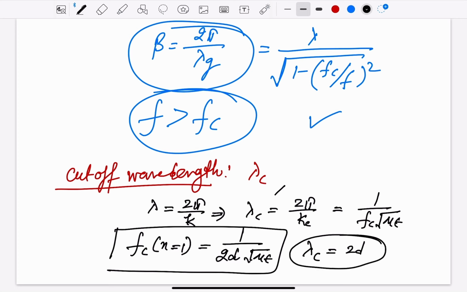And what is d? This is the separation between the two parallel plates. So for TE1 and TM1 modes of the parallel plate waveguide, lambda c is 2d.